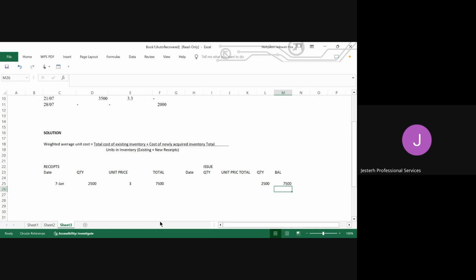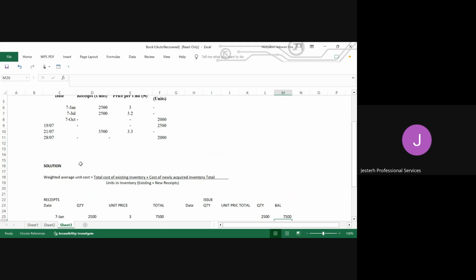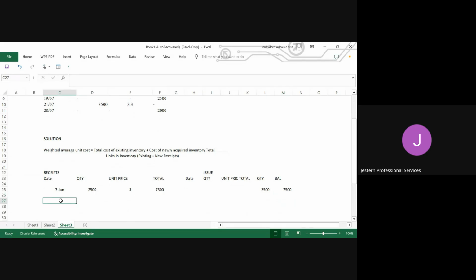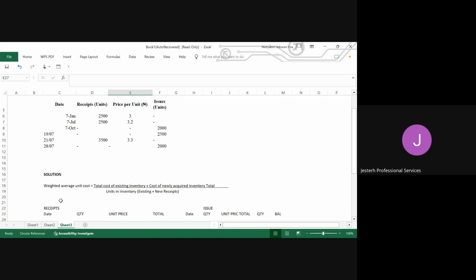So where the issue comes in here is whenever we want to issue out, because that is where we now need the formula. So on the 7th of July, they make another purchase of 2005. Now you need to pay attention very well here. July, another 2005. At what rate?